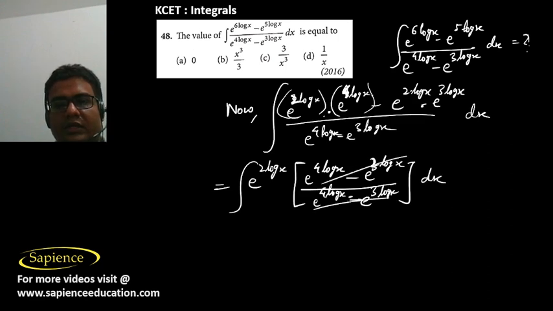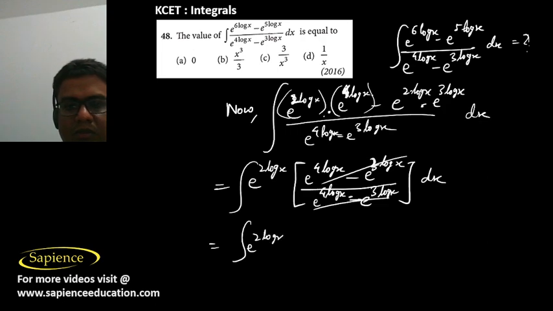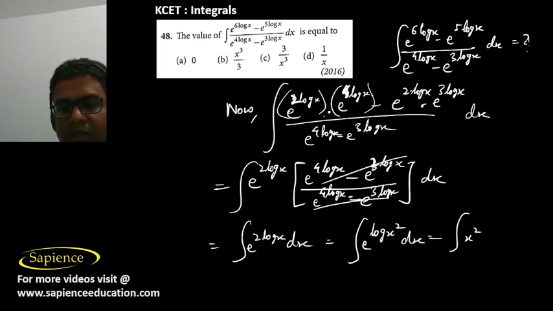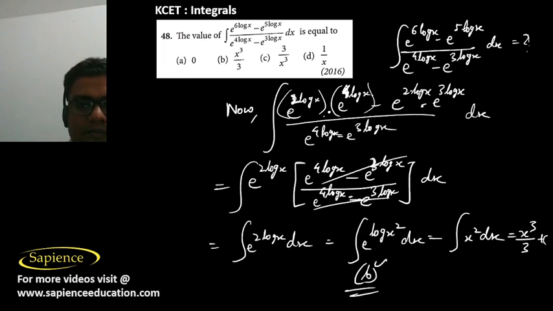So these two will cancel out. This will be the integral of e^(2 log x) dx, which I can write as the integral of (e^(log x)) squared dx. So this is the integral of x squared dx, which is x cubed by 3 plus C. Option B is the correct answer.